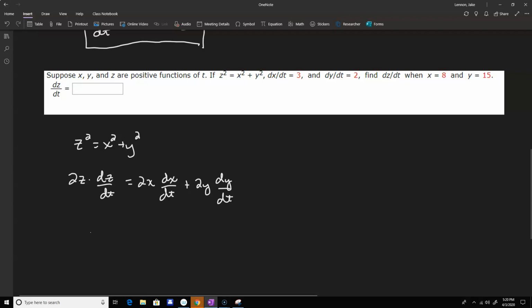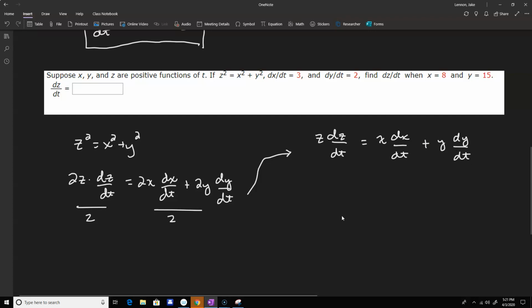So then, again, to simplify this a bit, you can divide both sides of the equation by 2. And this simplifies to z dz/dt equals x dx/dt plus y dy/dt.